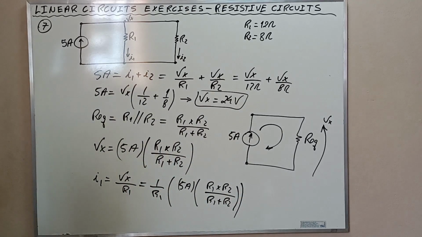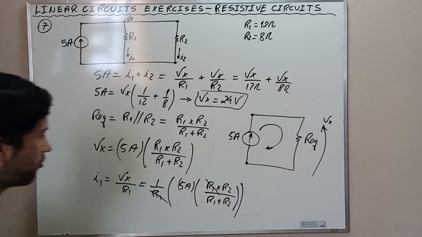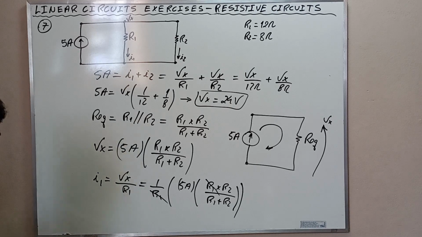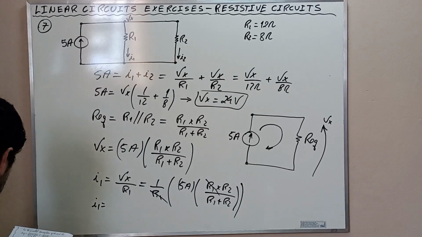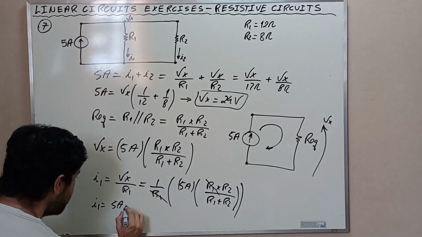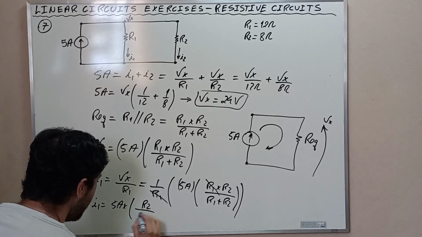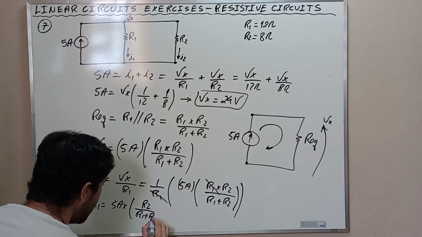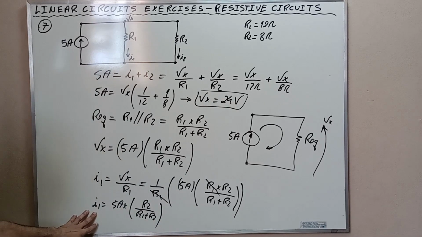And we can simplify this, we can cancel this with this. In this way, I1 is equal to 5 amps times R2 divided by R1 plus R2. Okay, my friends, this is how we use the current divider.